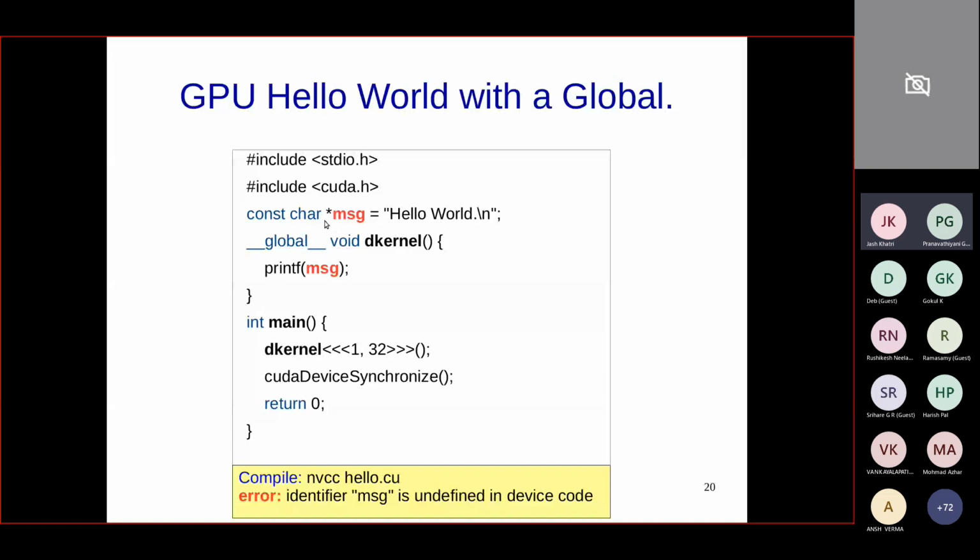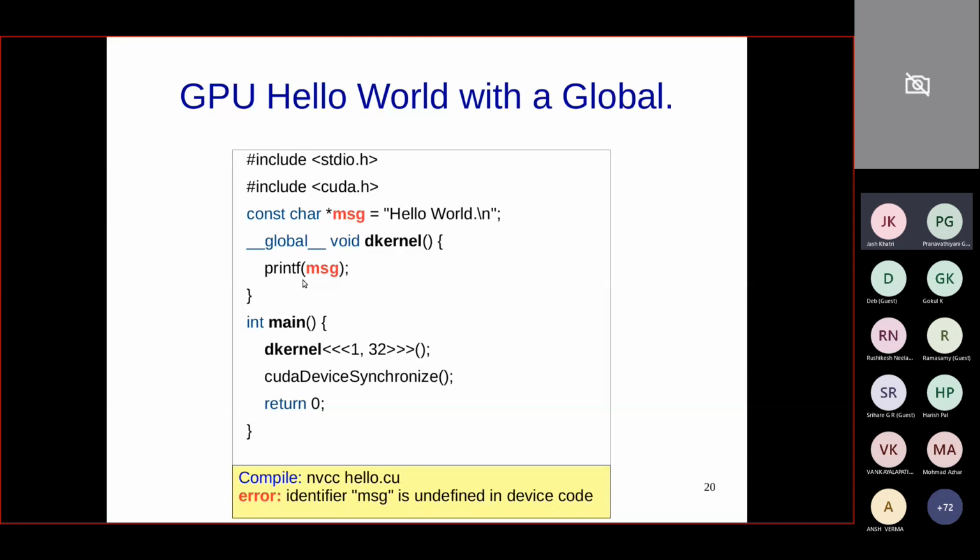And whenever you declare any variable or pointer in CPU, I mean here, whatever we are declaring as a global variable, this global pointer here in this case, char star MSG, it is a pointer on the CPU, a pointer to this string or character array which is pointing to the CPU. And this character array is in fact also declared as well as allocated on CPU. Please note that. So if you try printing this on GPU, it won't work.